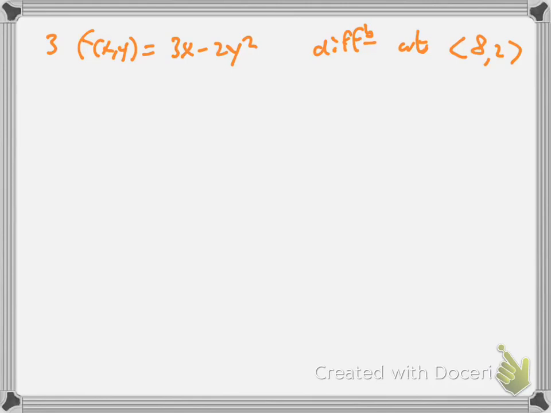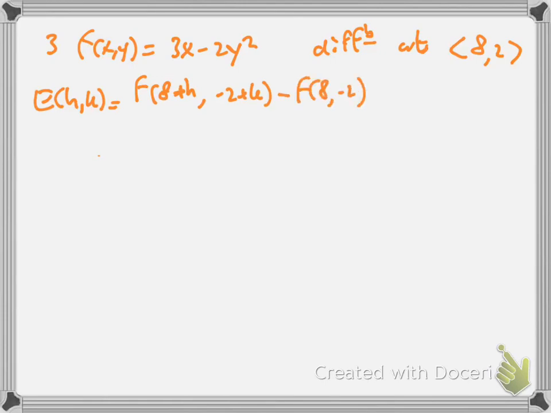So okay, let's first write down the E_{h,k}. That's equal to f of (8 plus h, minus 2 plus k) minus f in the point (8, minus 2). Sorry, I said 2 here, this should have been a minus 2, of course.